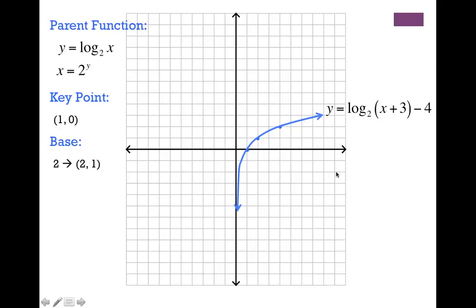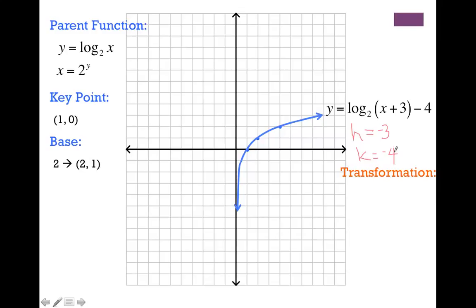So now we need to figure out how to transform that. In this case, we are given the plus 3, which means we actually have an h of negative 3. And we have this minus 4, which means we have a k of negative 4.